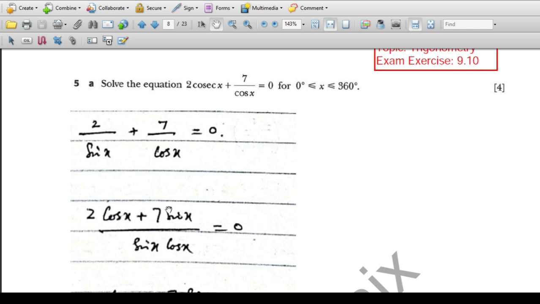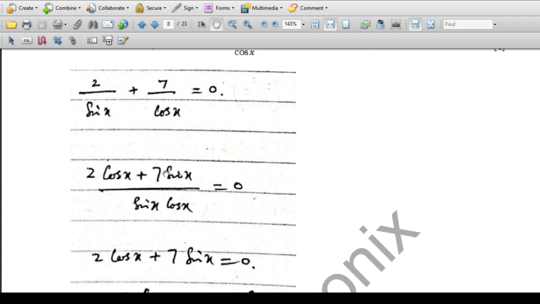So we have performed LCM here, and 2 cos x plus 7 sin x divided by sin x cos x equal to 0. Now we will multiply this denominator to here, and 2 cos x plus 7 sin x is equal to 0.